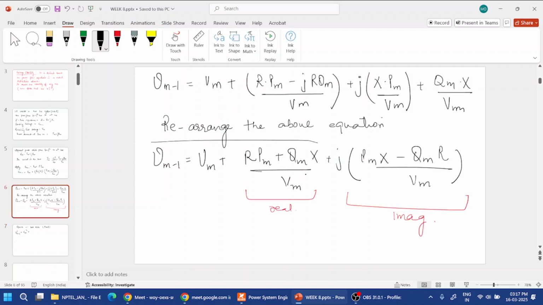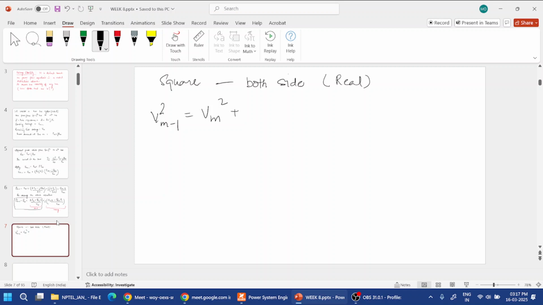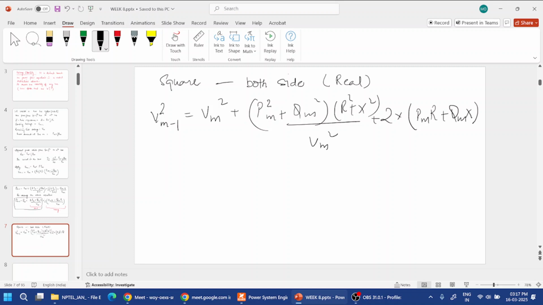We take only this part here and then square it, a plus b whole square, so it will be equal to a square plus b square, and b square will be this much, the second term: (Pm square plus Qm square)(R square plus X square) divided by Vm square, plus 2 into (Pm R plus Qm X), but Vm and Vm will get cancelled out. So basically it will become like this.